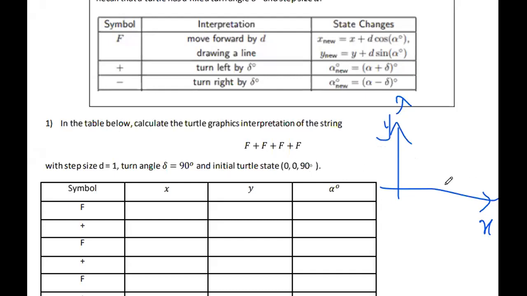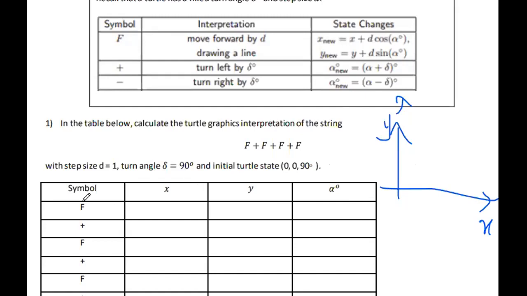We measure angles from the x-axis. Now he's facing northward. So his original location is here, and the initial state is given.